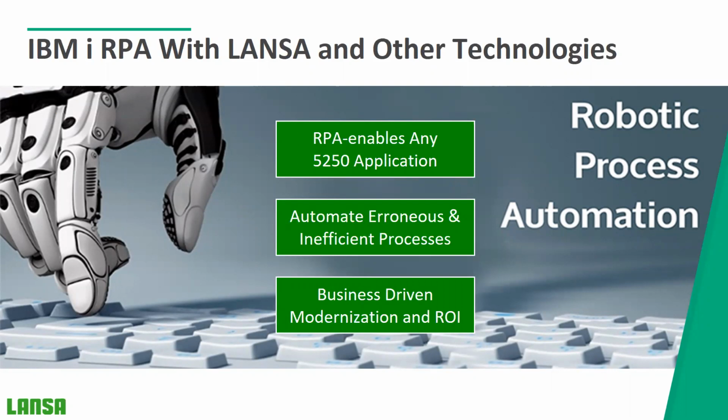So RPA has to deal with error handling and unexpected results. And so we need to be able to read, well, when I hit this function key, I didn't go to the screen that I was expecting to. So can I recover from that scenario, or do I stop? And we'll want to make sure that the robot has some intelligence and can resolve that error if possible.